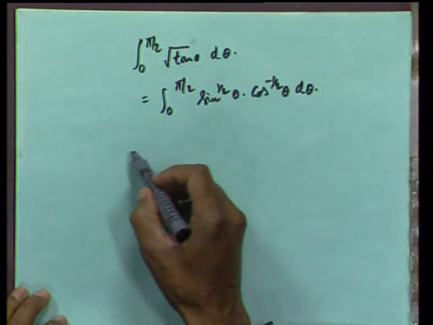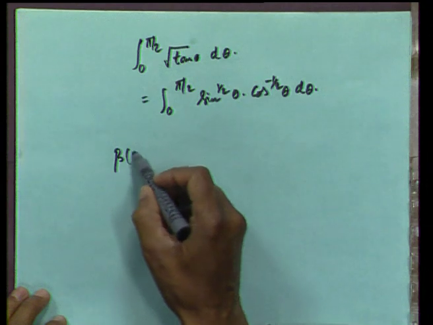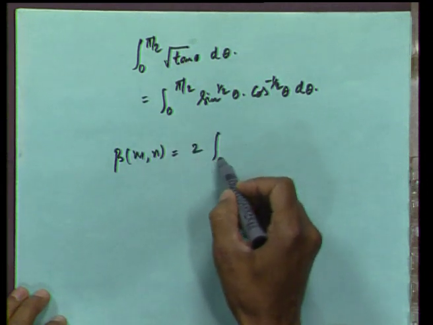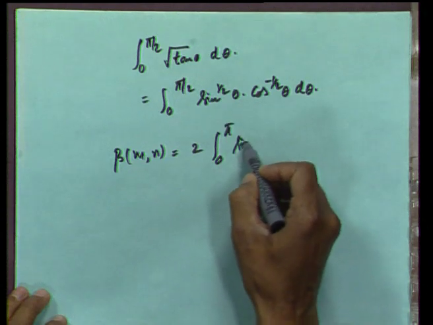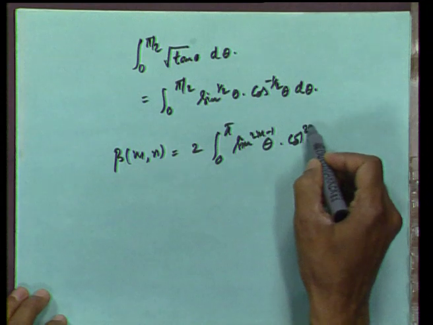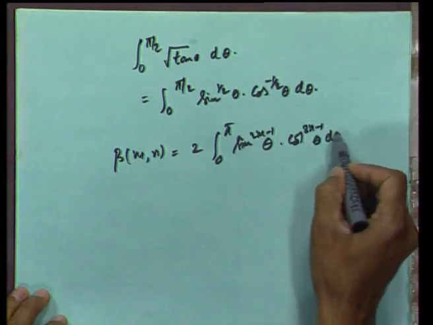Now, we have defined beta mn in terms of sine and cosine like this: integral 0 to pi by 2 sin to the power of 2m minus 1 theta into cos to the power of 2n minus 1 theta d theta.